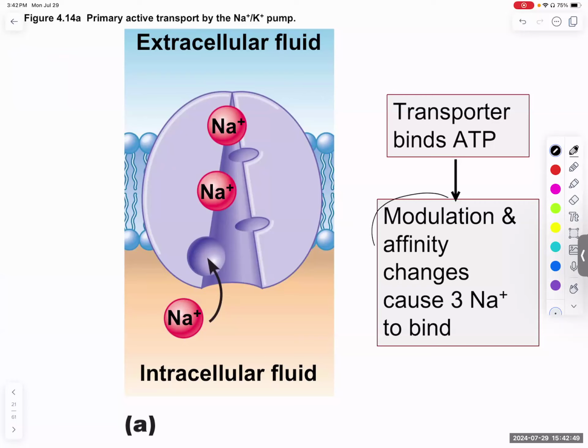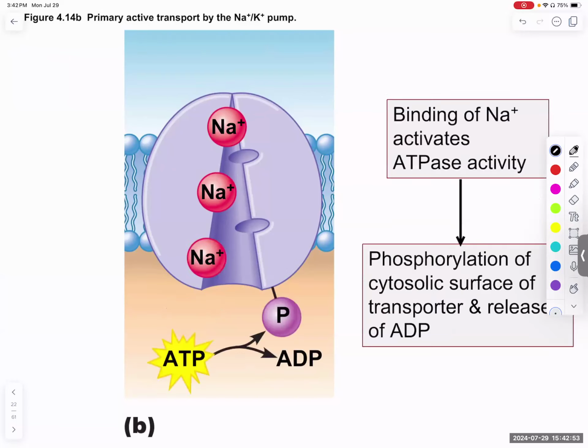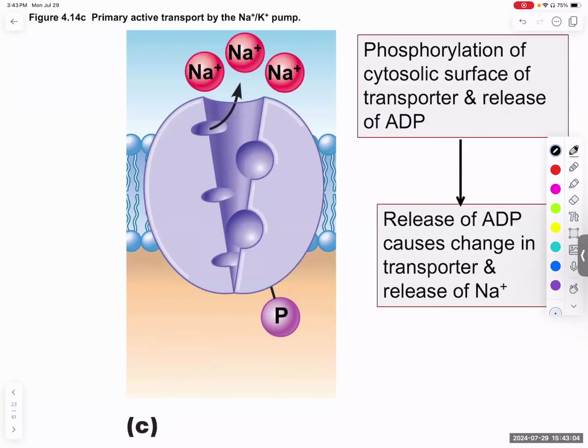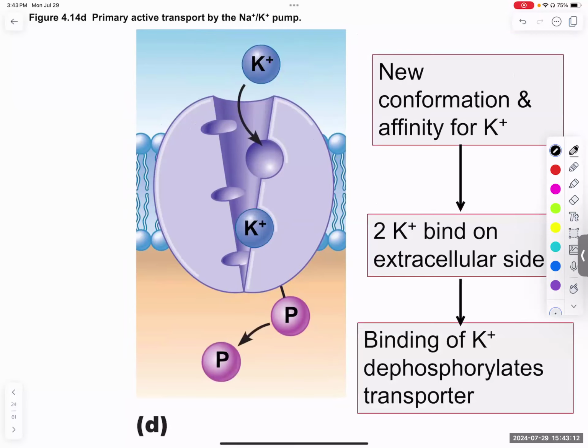That's going to change the affinity for the sodium. So sodium has a higher affinity, a higher attraction, and is going to bind. That inorganic phosphate phosphorylates and puts the energy into the transporter. ADP is released. That's going to cause the conformation to change, and sodium is going to lose affinity and be released.